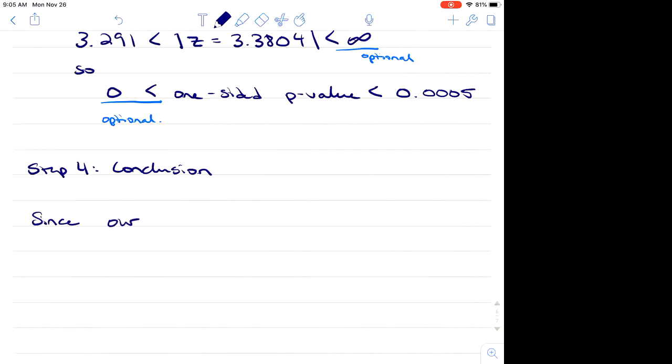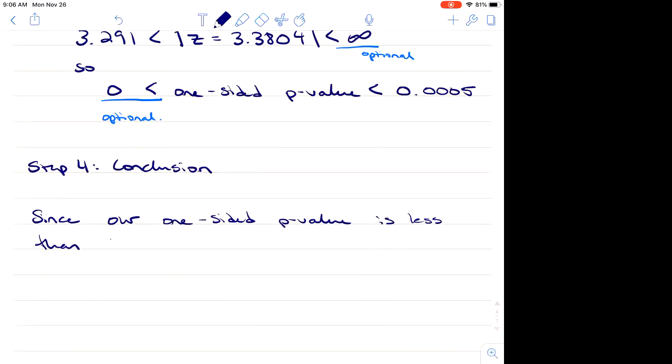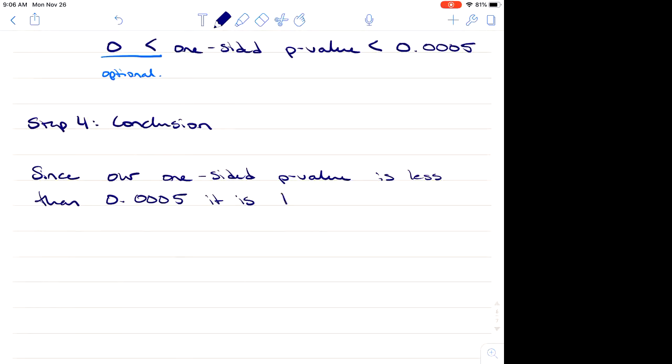So since our one-sided p-value is less than, right, all we know is that it's less than 0.0005, well, we know for sure if it's less than 0.0005, it's definitely less than our alpha level of 0.05.